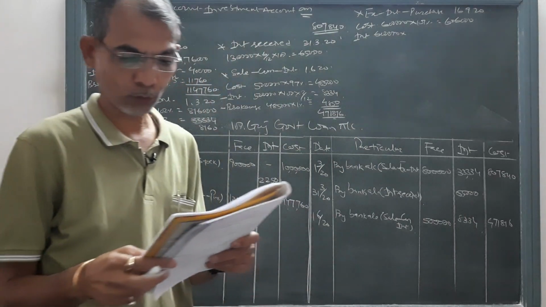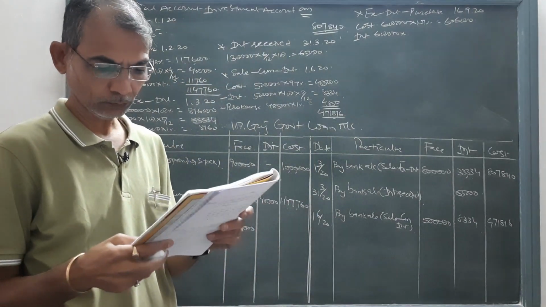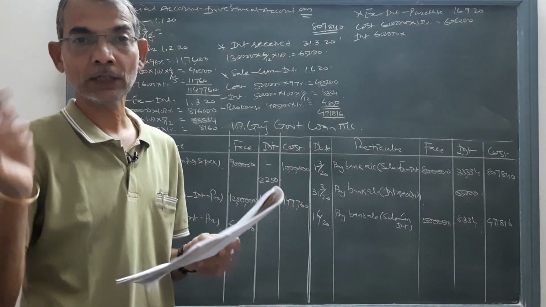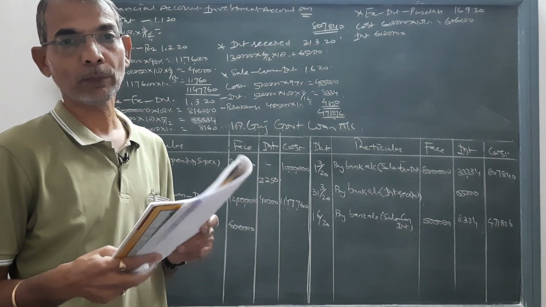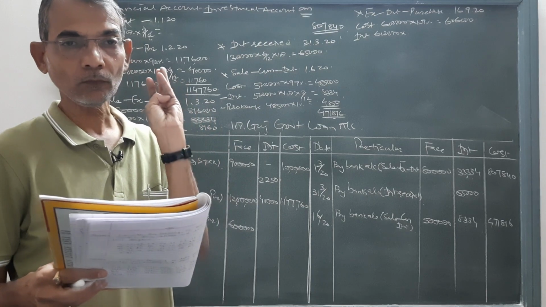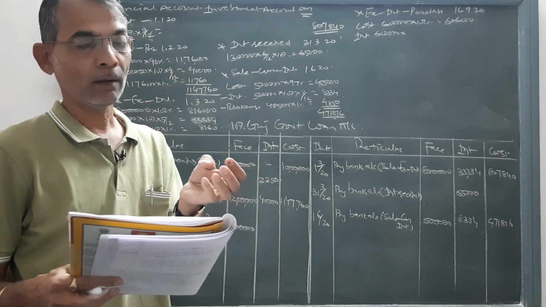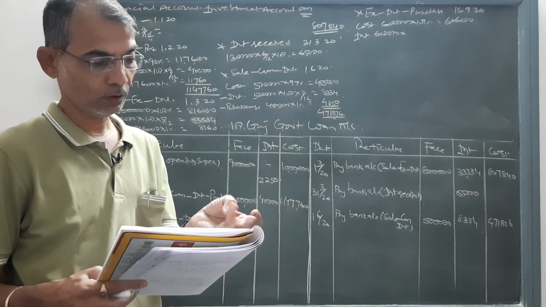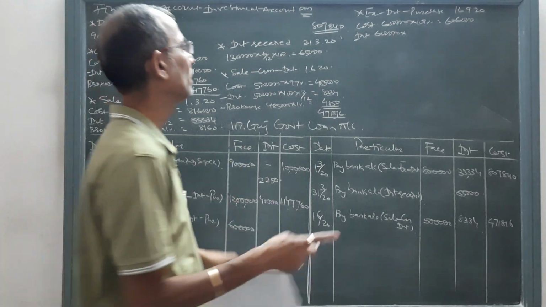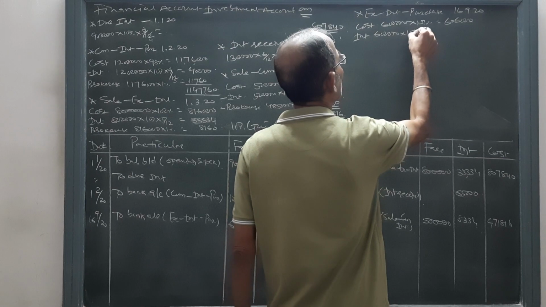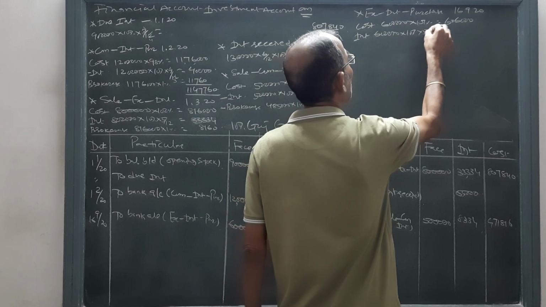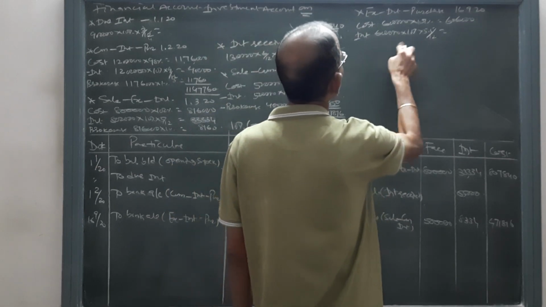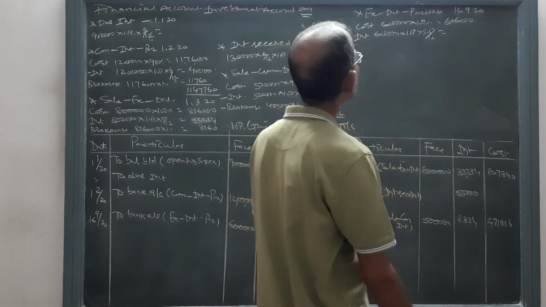Interest was last calculated on 31st March, and next is to be calculated on 30th September. So for April, May, June, July, August and half month of September, 5 and half months, 10% will be 6,000.